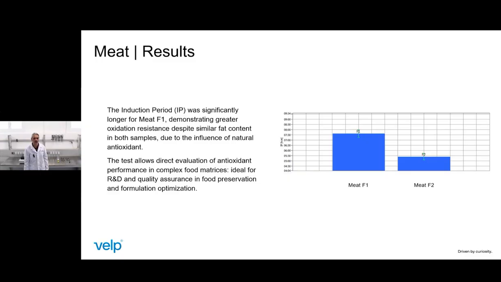The induction period was significantly longer for meat F1, and this demonstrates a higher capability to withstand oxygen from the environment, and so this information can be an added value that is very helpful for formulators and researchers, to have a clear indication about the better formulation to be used to enhance the shelf life of the product.